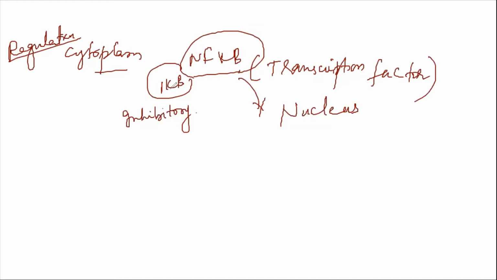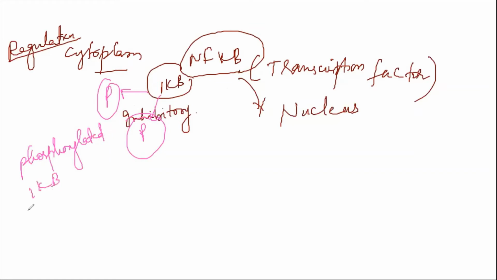Once I kappa B is removed, how will it be removed? Under this regulation, I kappa B gets phosphorylated. Once it gets phosphorylated, I kappa B changes its structure or conformation. So when there is a conformational change, I kappa B is no longer able to bind to NF kappa B. Now your NF kappa B is free.